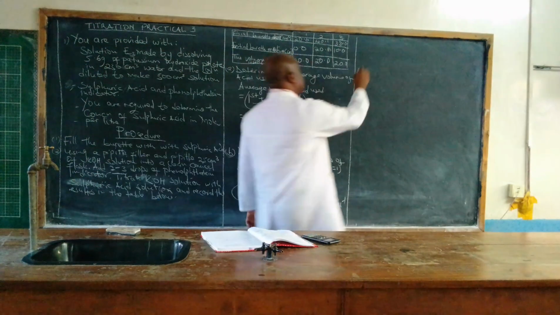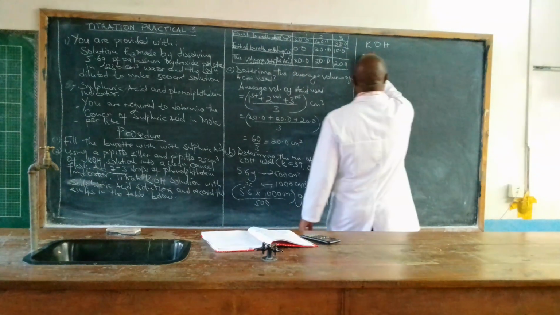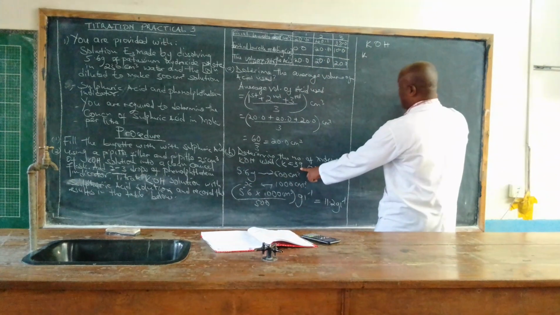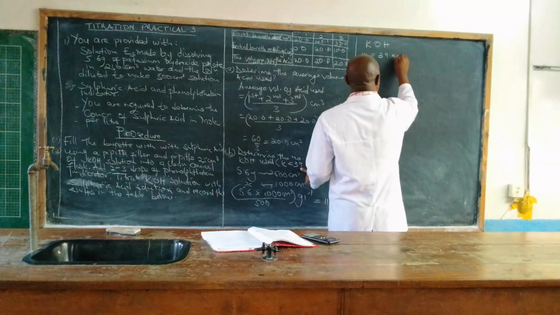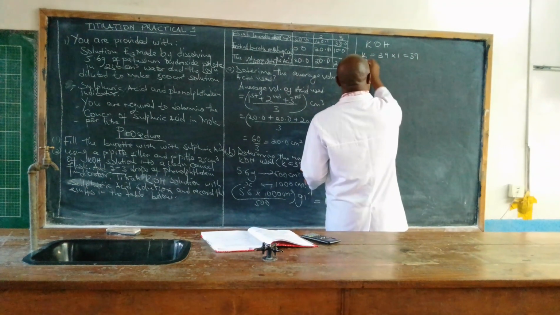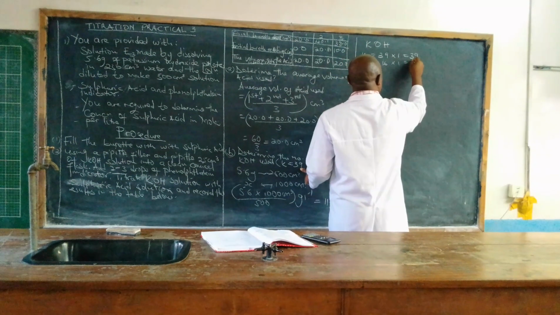So we are going to calculate it like this. Potassium hydroxide. The relative atomic mass of potassium is what? We have been given it somewhere here: 39, right? So 39 times 1, you get 39. And then oxygen is 16 times 1, we get 16.